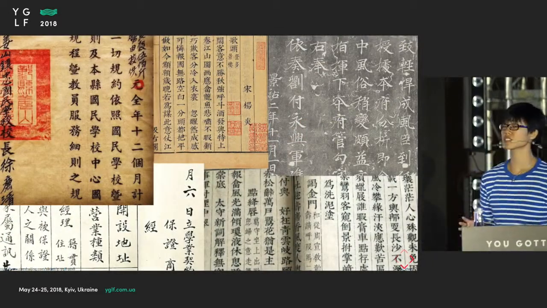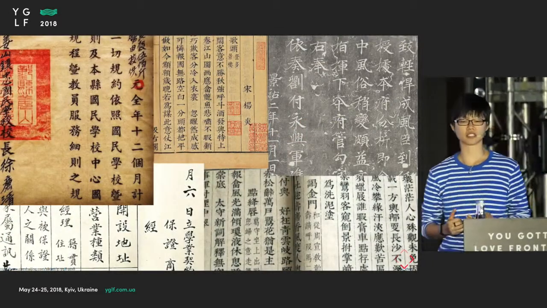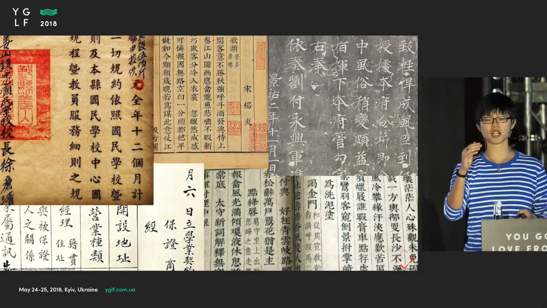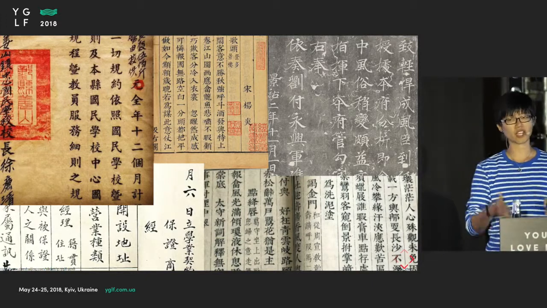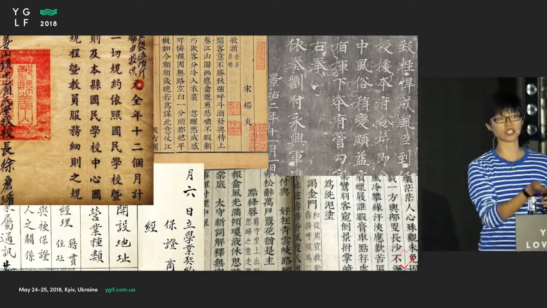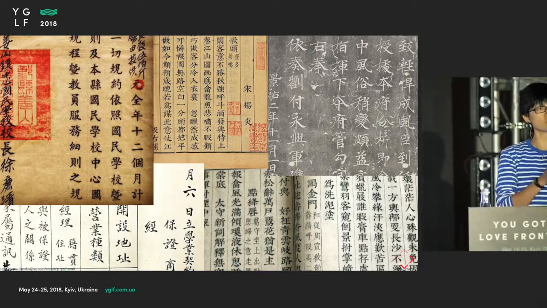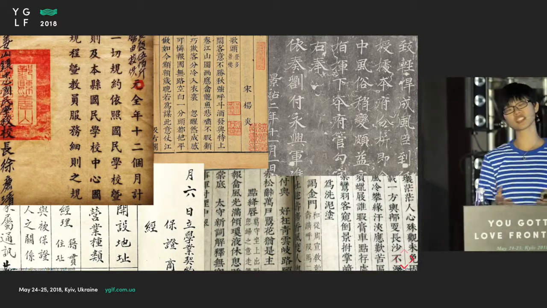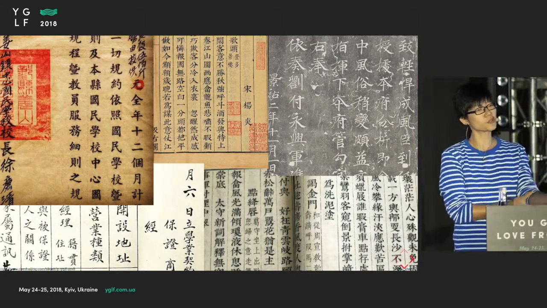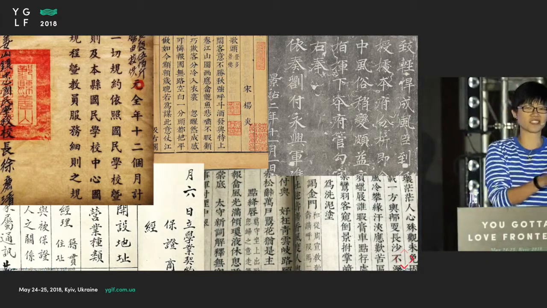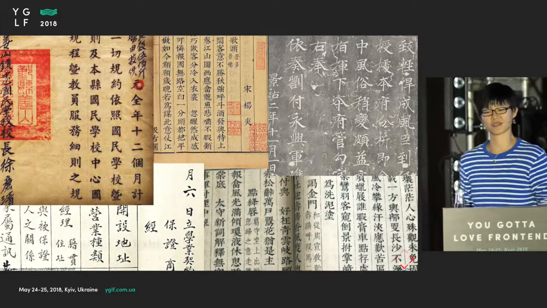Now, Han characters are sometimes called square characters, because each character is composed within a uniform square, which allows Chinese to be read efficiently, regardless of whether it's typeset horizontally or vertically. So Chinese texts can be typeset into neat rows and columns, and if you don't understand Chinese, you may not know which direction the text is going. It could be vertical, right to left, or horizontal, top to bottom.